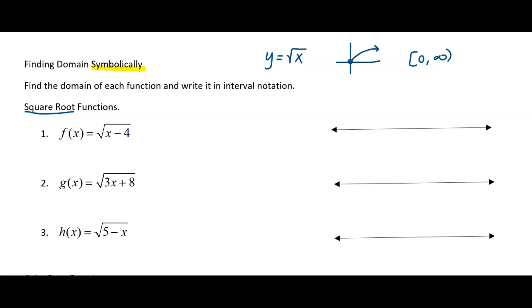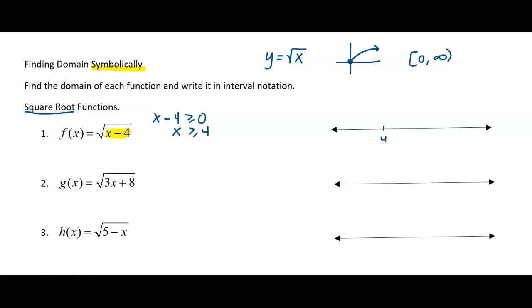You can take the square root of 0 or of something positive, but we can't take the square root of a negative quantity. So you take the inside part of the function, set up an inequality saying that this quantity has to be greater than or equal to 0, solve for the variable, and this will tell you what your domain needs to be.